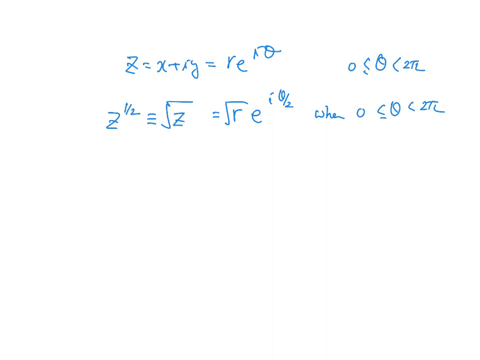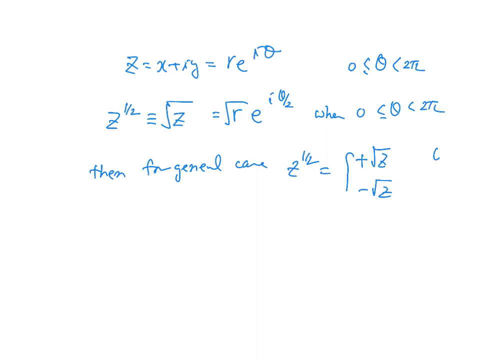Then for the general case, z to the 1/2 is plus root 2z or minus root 2z, and theta is 2 pi otherwise.